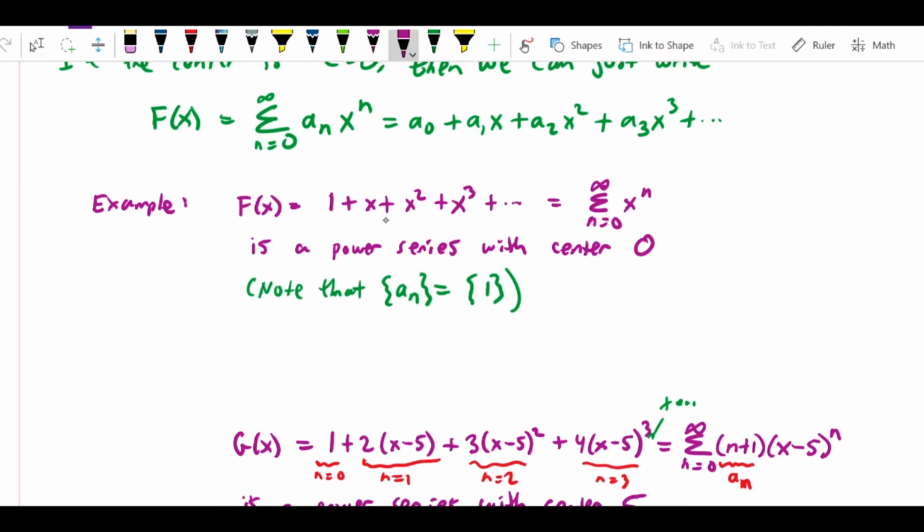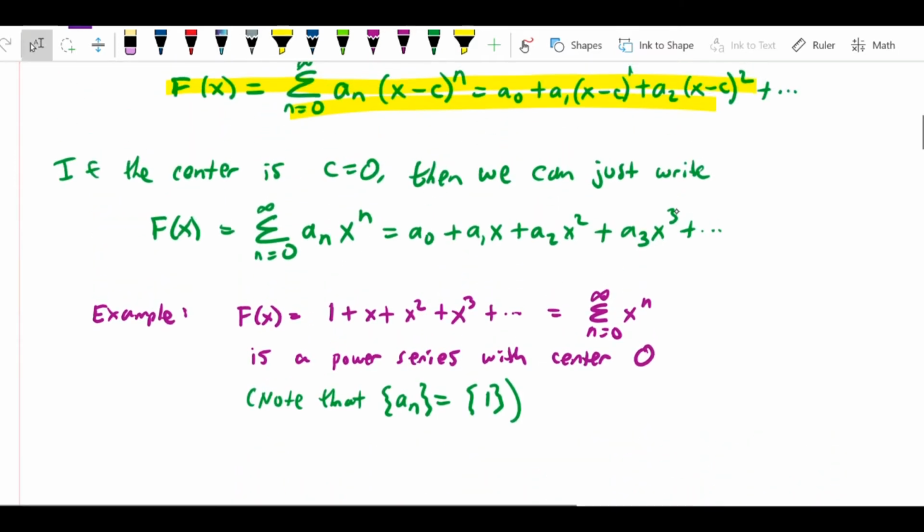And by the way, you can see in this case, at least, you may be able to see which other values it converges for, but you can at least see why it is that every series like this has to converge somewhere. Look what happens when I plug in the center 0. Then I just get 1 plus 0 plus 0 plus 0 plus 0 plus 0, so the whole series just equals 1. That's going to be the case for any series centered at 0, because I always am going to have just this term a0 and then plus a bunch of things that are multiplied by x.